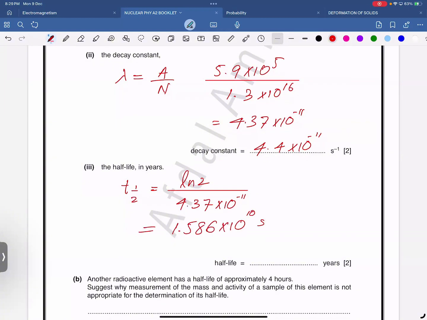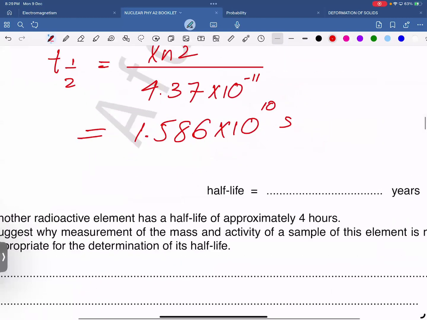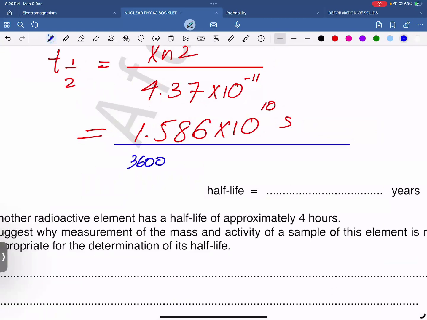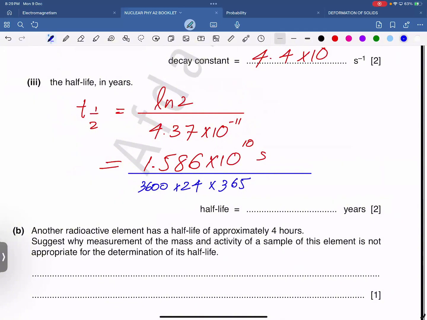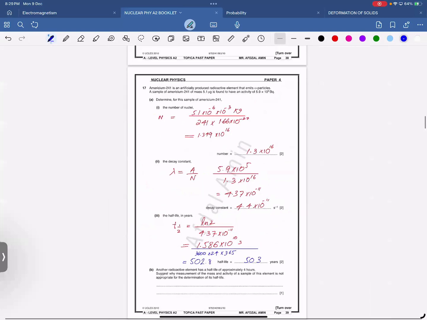Seconds to years: seconds to minutes, to hours, 3,600 for hours, 24 for days, 365 for years. 503 years.